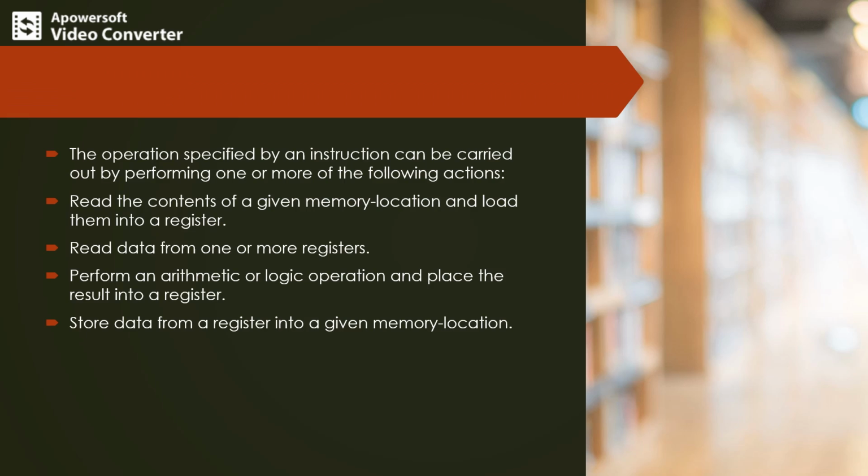The operation specified by an instruction can be carried out by performing one or more of the following actions. Initially, read the contents of a given memory location and load them into a processor register. Or read the data from one or more registers.